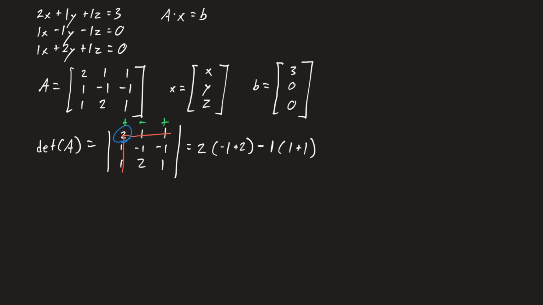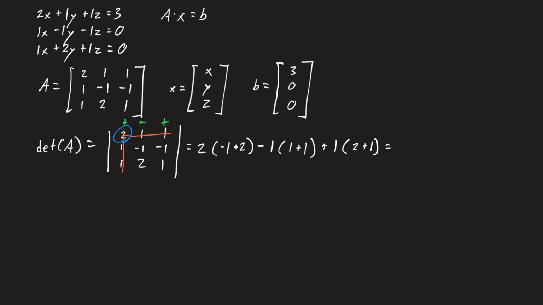Finally, I am going to deal with my last column here. That is a plus 1 in this case. Now I'm dealing with this 1 and 2 and 1 and negative 1. So that is a 2 right here, minus 1, which is a plus 1. Time to do some simple maths.